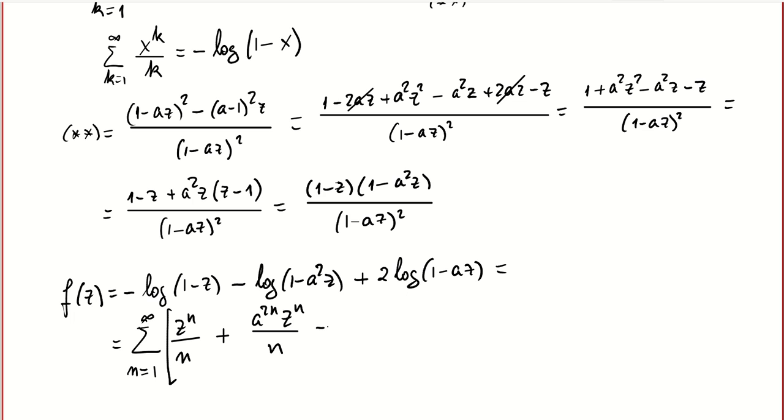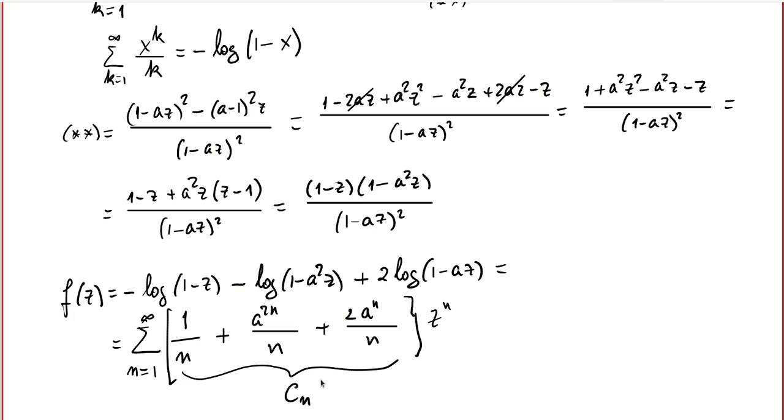And from this one here we have 2 times a to the n, z to the n over n. We can factor out z to the n, and what we have in front of it is just Cn of a.